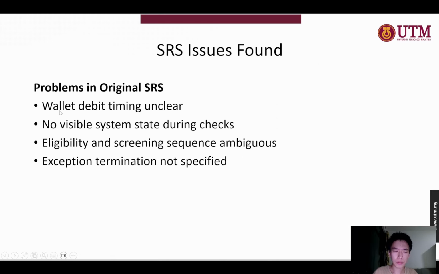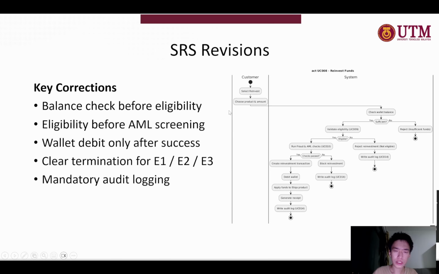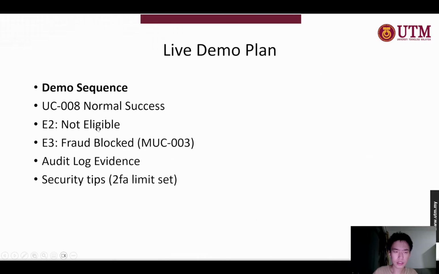The problem we have solved now is the unclear wallet debit time. For this SRS revision, we made a new use case diagram to check each step, like sufficient balance, eligibility, and the last step, use case 10 fraud scanning. Now I'm going to demo.